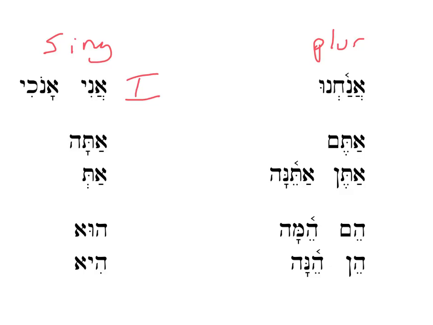Then there's the masculine ata and the feminine at, form of you. And then there's hu, which is he, and hi, which is she. Then in the plural, we have anachnu for we.